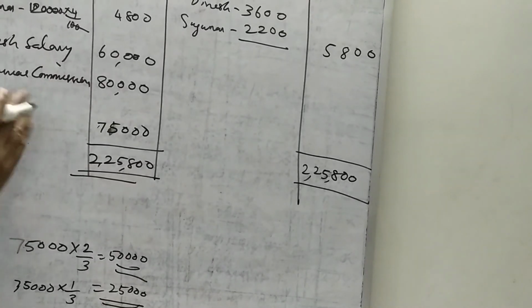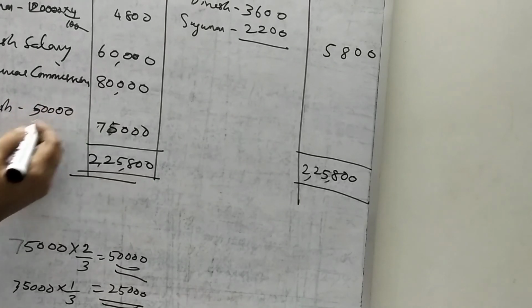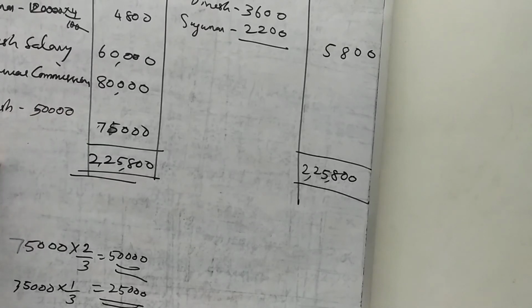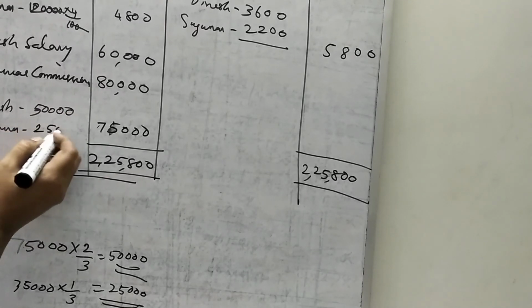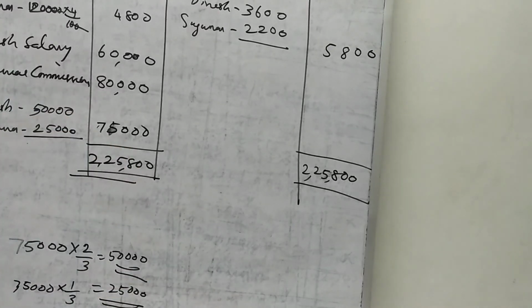This we can transfer here: to Dinesh 50,000, to Sukumar 25,000. Total 75,000. So we balance this profit and loss appropriation account.